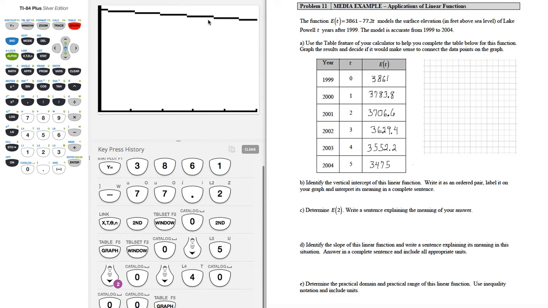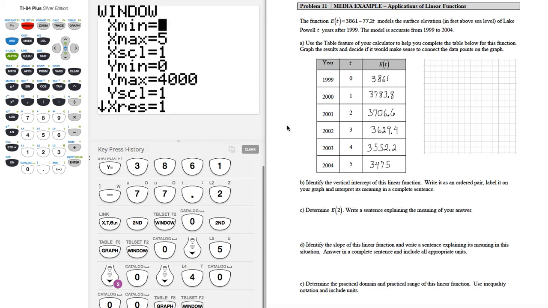So there's the function. It is linear. It doesn't really look like it because the steps in our graph are so far apart. Let's go back to window, and all of the action in the outputs is really happening between 4,000 at the top end and 3,450 at the bottom end.